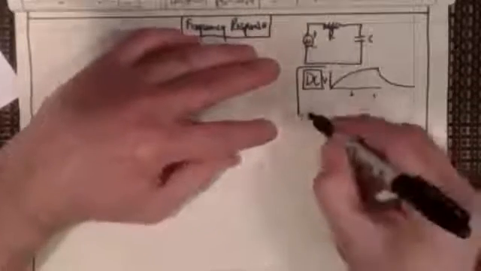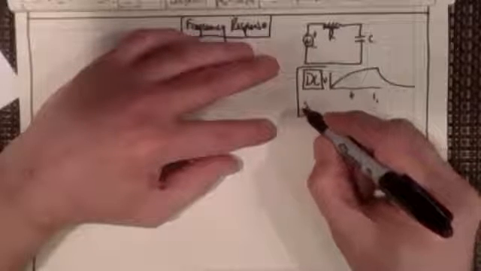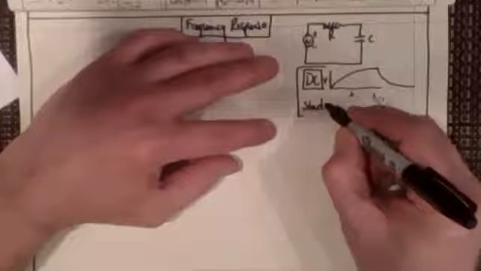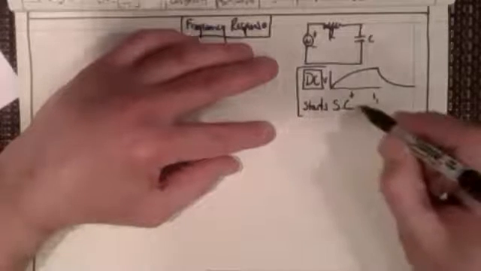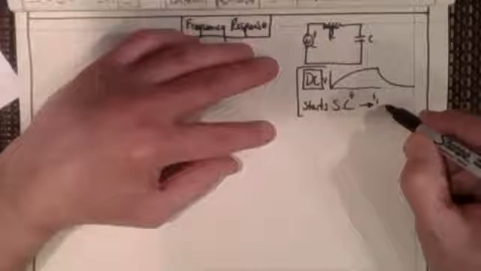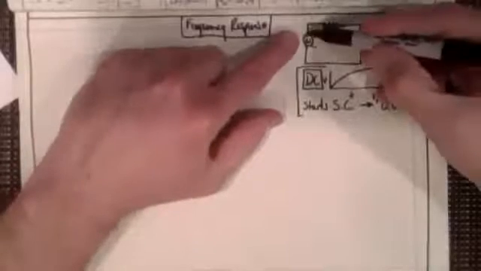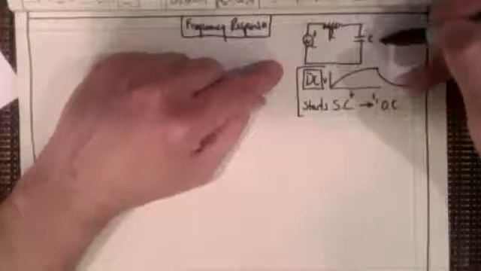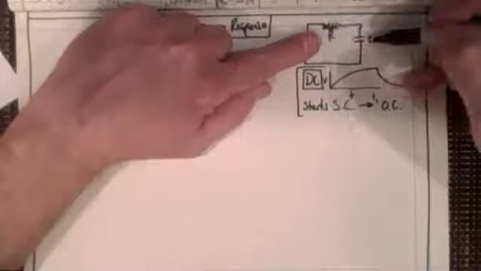For DC, what we find is that it starts as a short circuit, and then it eventually goes to an open circuit. So in the beginning, current flows as if the capacitor wasn't even there. Now, I'm not talking about an AC circuit, I'm talking about a DC circuit.